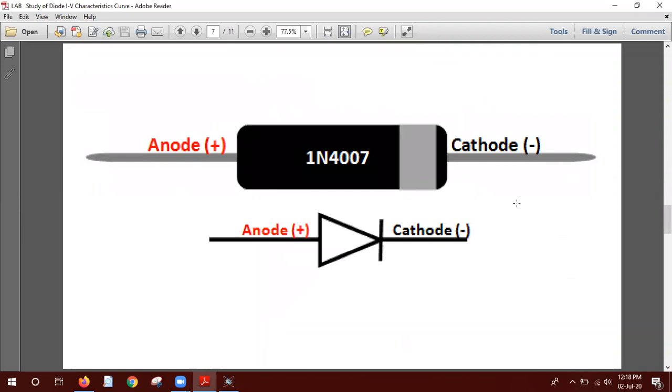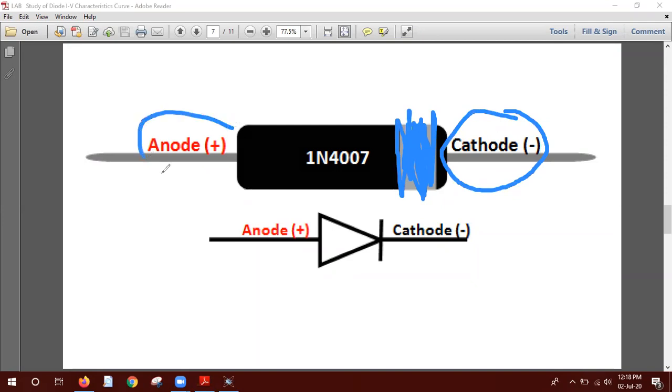From here you can see, my students, that this is the practical image of a diode. When you see this type of strip, either a white strip or black strip, as I told you before, you will definitely know that this is the cathode or the n side, and when you see nothing on the other side, it will be the anode.